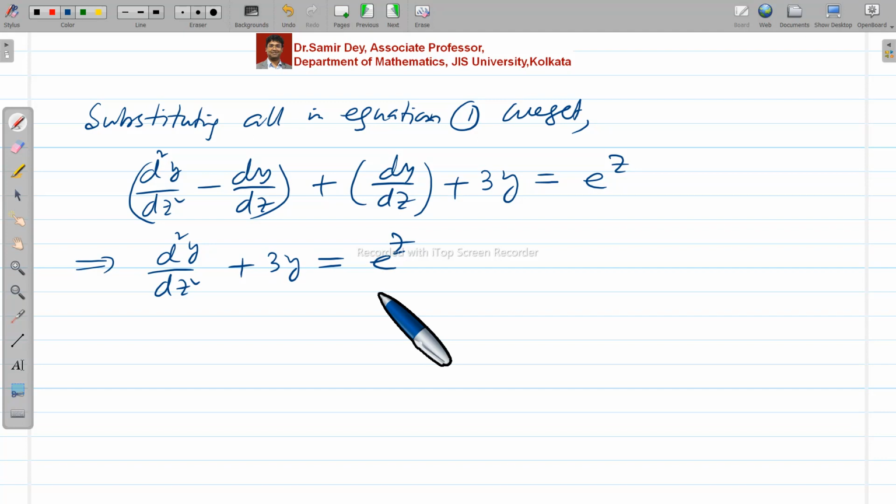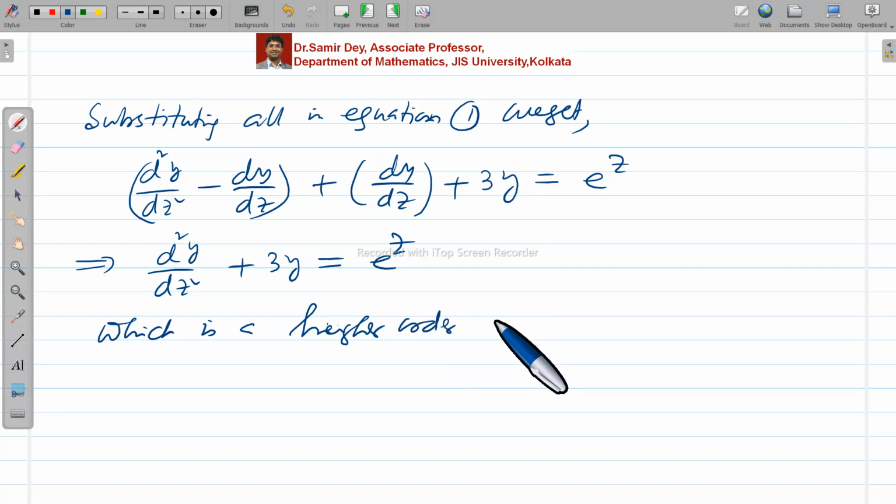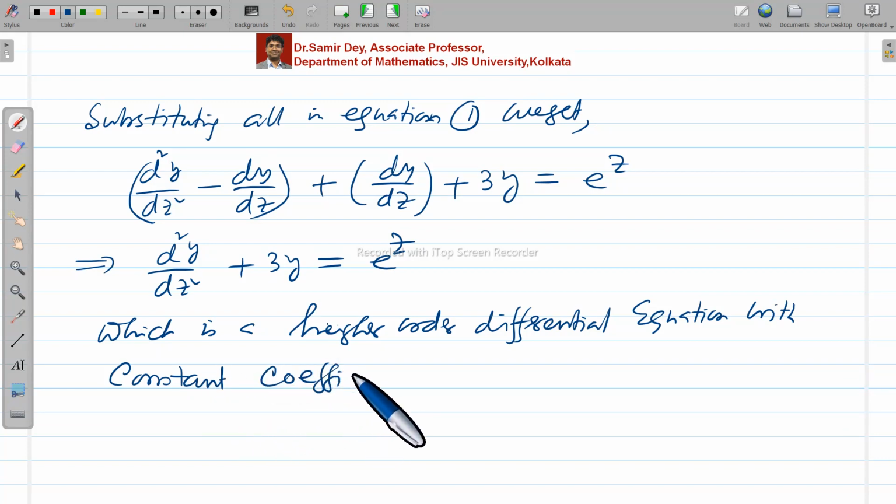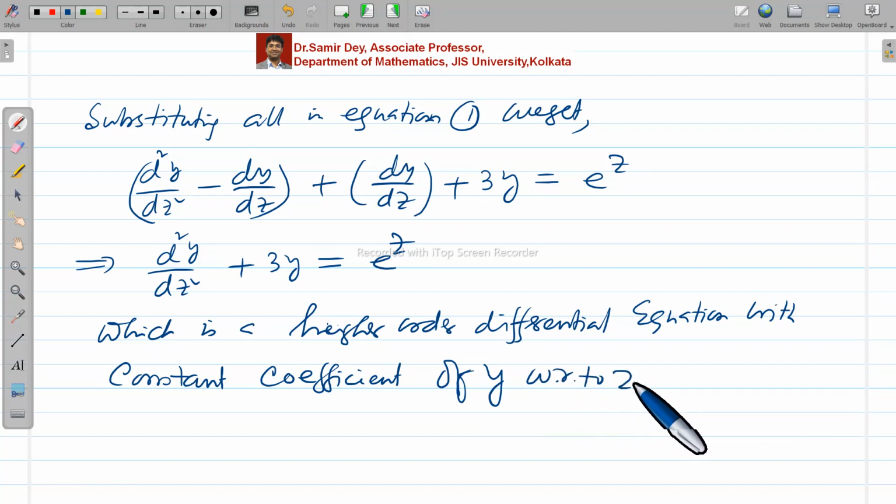Yes, please write down: which is a higher order differential equation with constant coefficient of y with respect to z. This is very important.